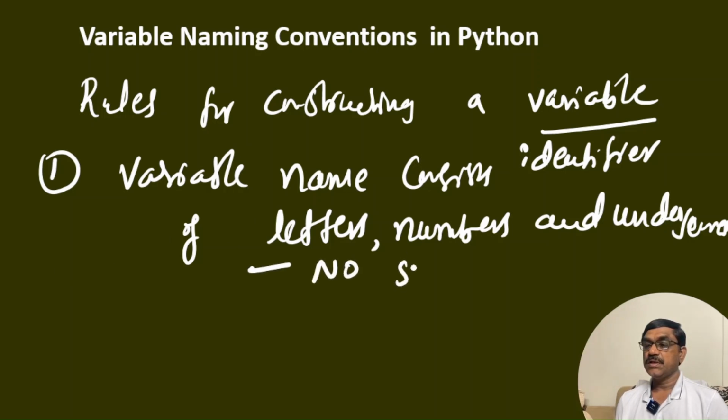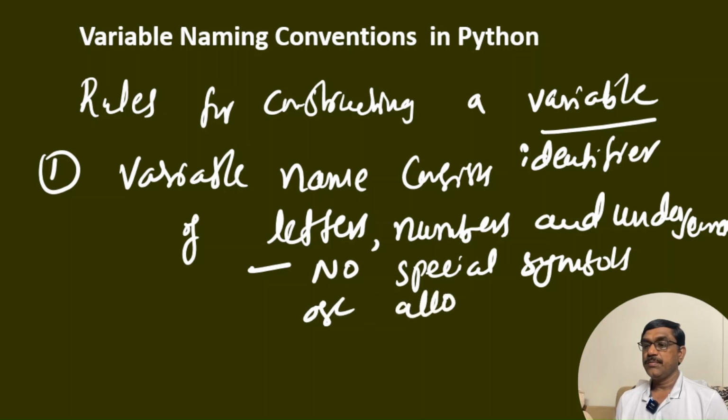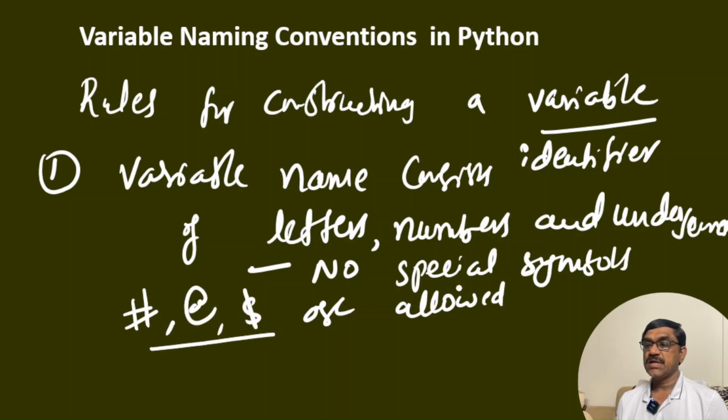Very important: no special operators or symbols. That means you can't use hash, you can't use the @ symbol, you cannot use the dollar symbol. These are special characters, special symbols, and they will not be allowed in the variable name. Only it should consist of letters, numbers, and underscores. This is about the first rule.